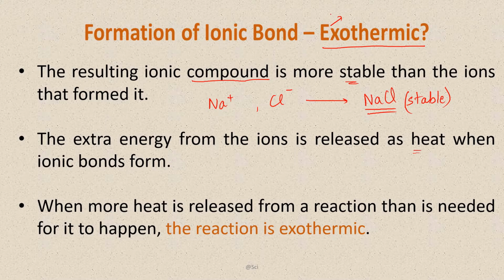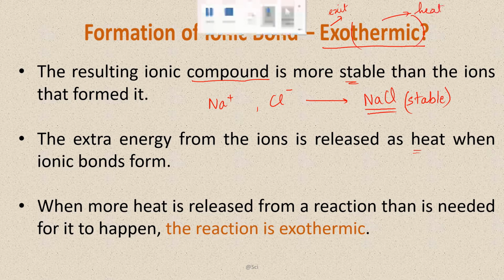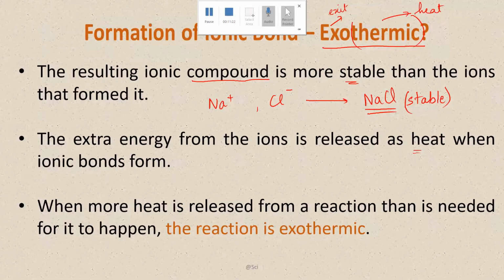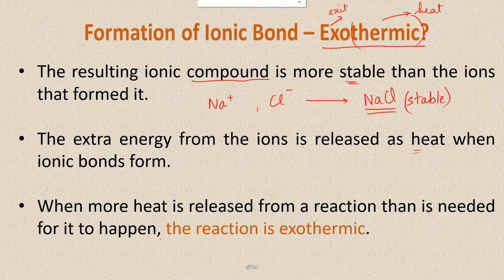Exo is exit, and thermic is heat. So, a reaction from which heat is given out. Exo is basically out, or exit. When more heat is released from a reaction than is needed for it to happen, the reaction is exothermic.